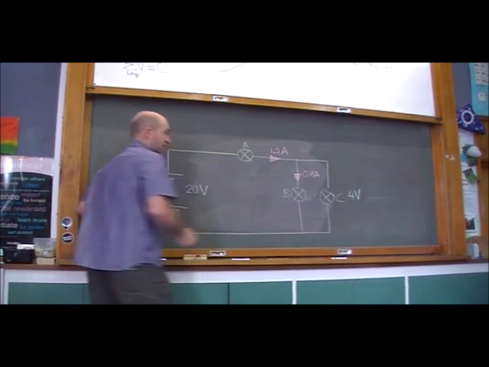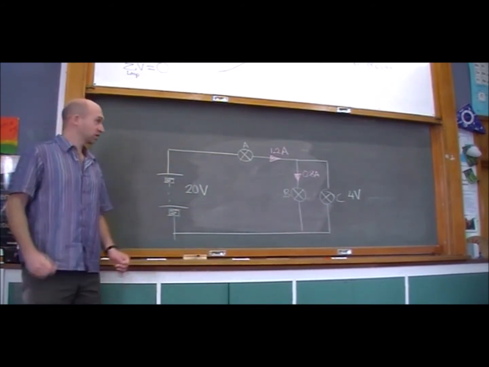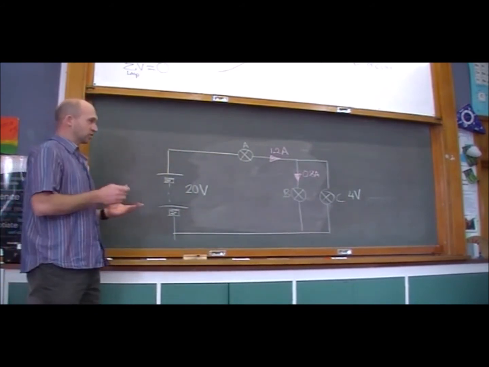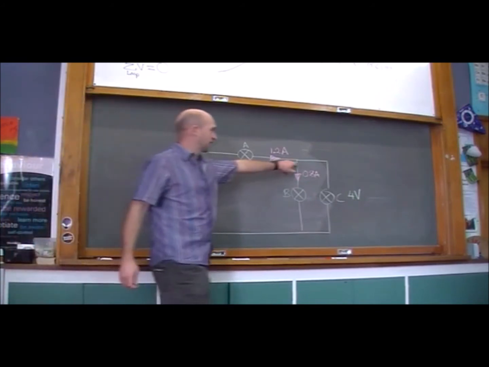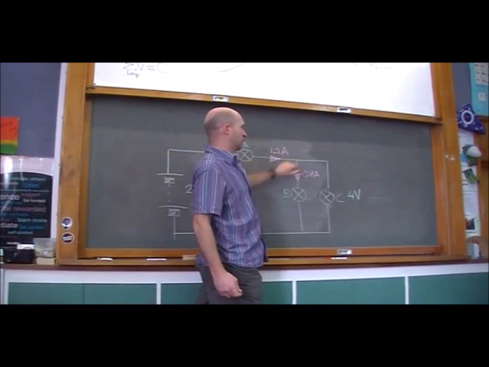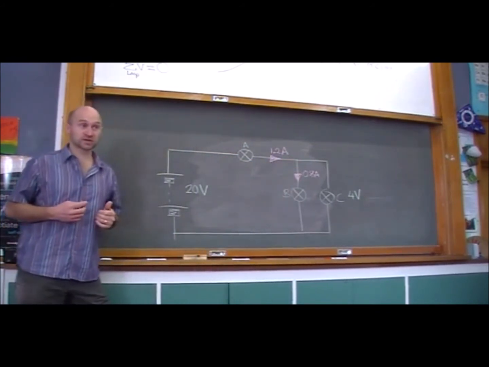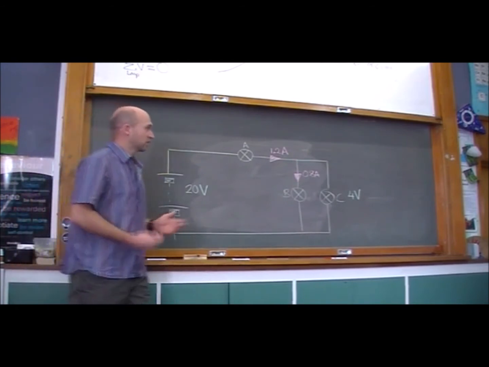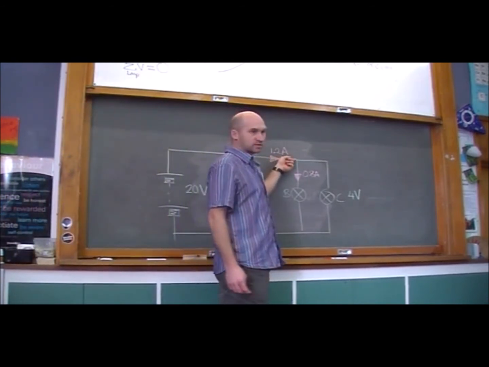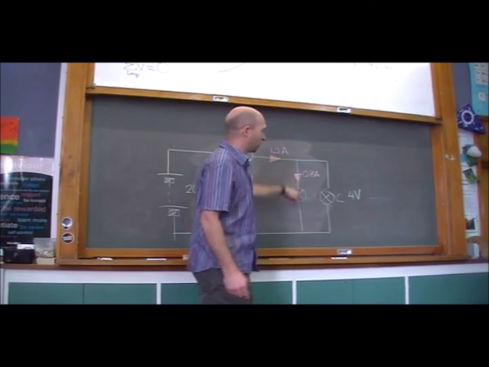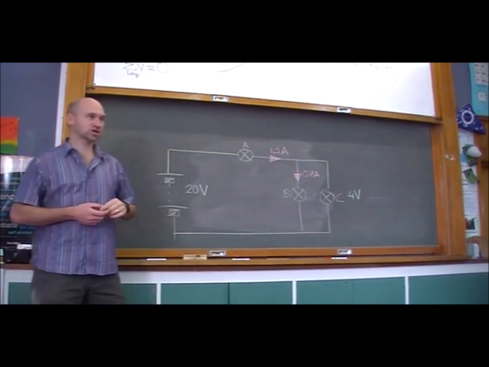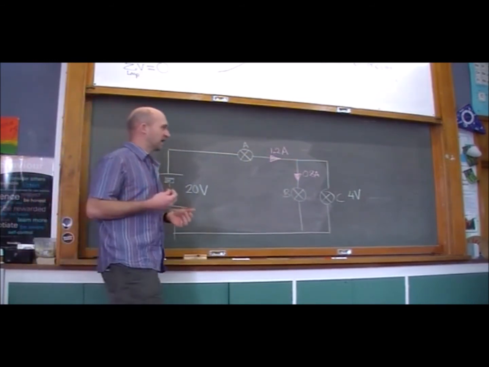Okay, so the first application of Kirchhoff's law to this problem is looking at the junction, where we can apply Kirchhoff's current law. We can see we've got 1.2 amps flowing into the junction, 0.8 amps flowing out of the junction. We know that those numbers have to add to 0.